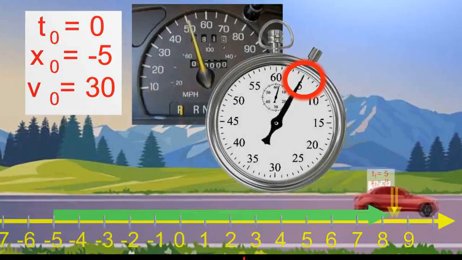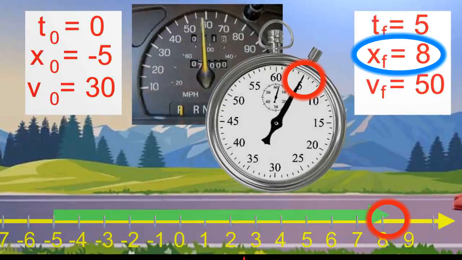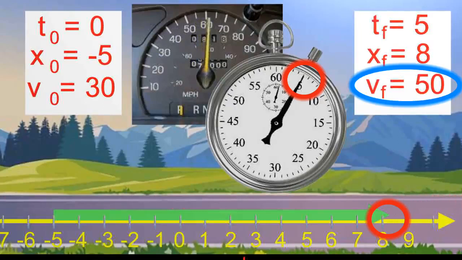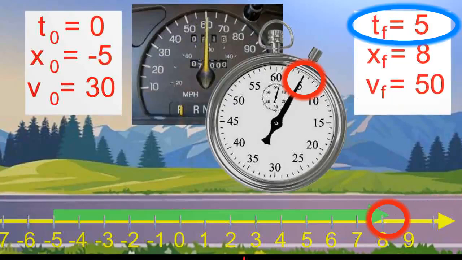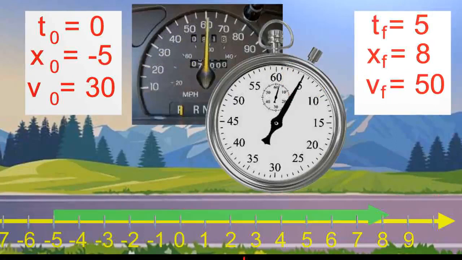At the moment we stop the stopwatch, the location is called the final location, and the velocity at this point is called the final velocity. T is the displacement time, that is, the number indicated by the stopwatch. The displacement vector is a vector whose beginning is the initial location and whose end is the final location of the object. Acceleration is a quantity that indicates the rate of change of velocity per unit time.